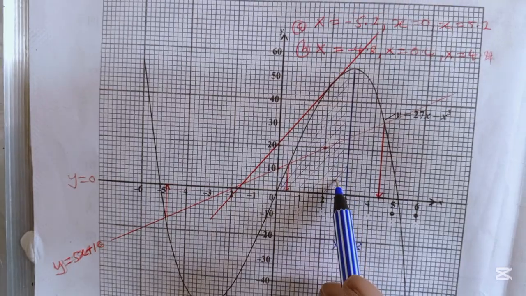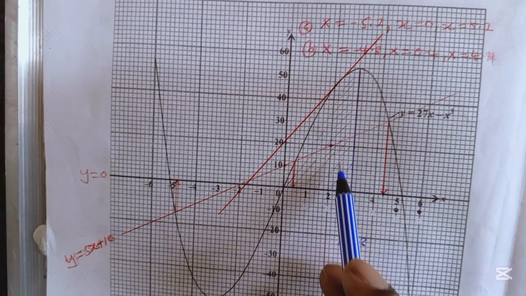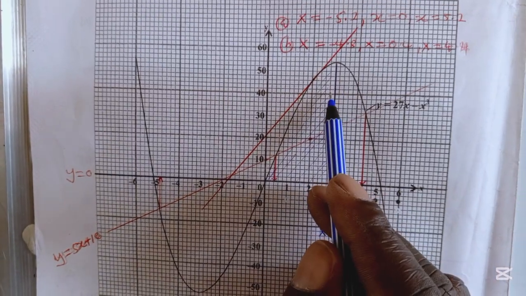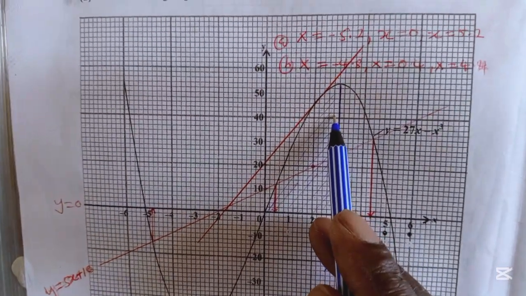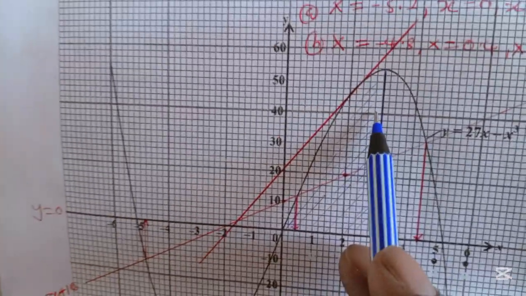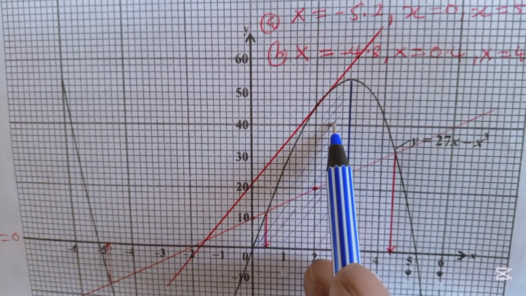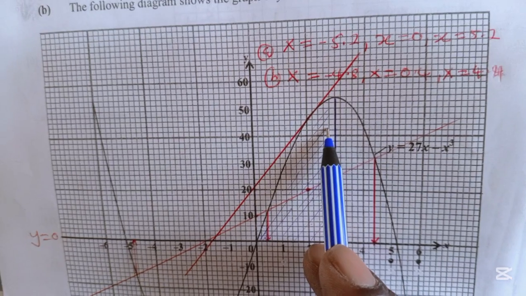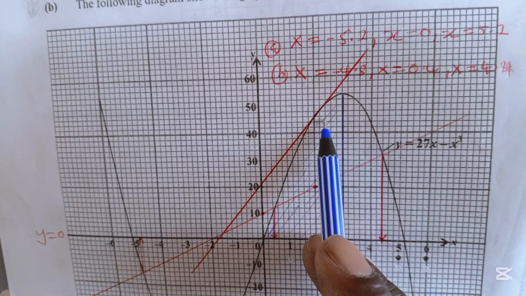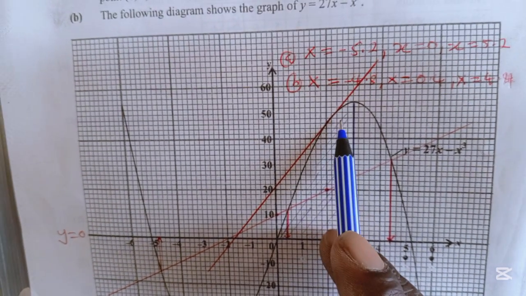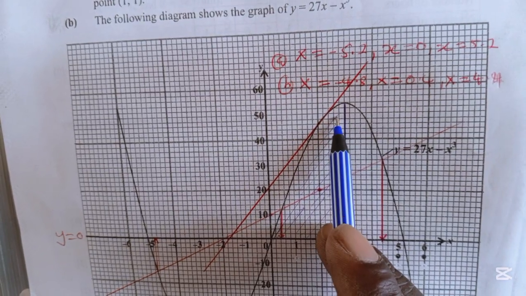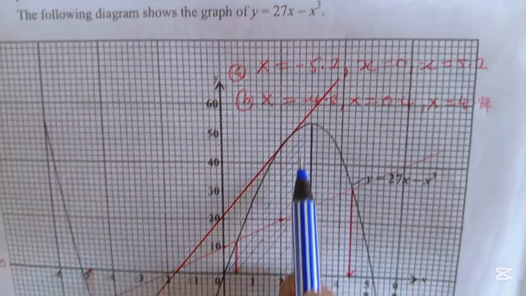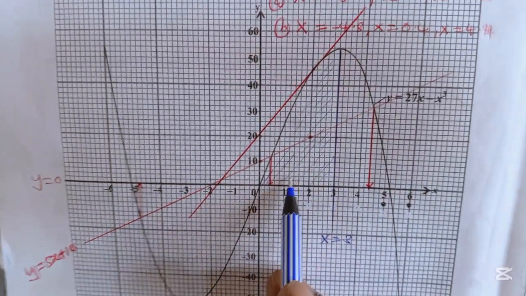Then we come with 1, 2, 3, 4, 5, 6, 7, 8, 9, 10, 11, 12, 13, 14, 15, 16, 17, 18, 19, 20. So the other boxes are 20.